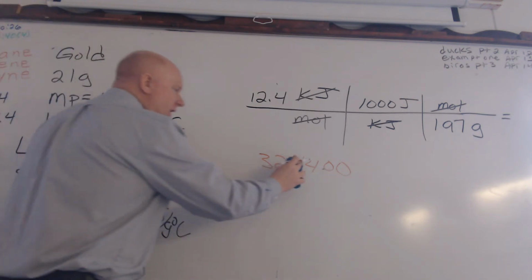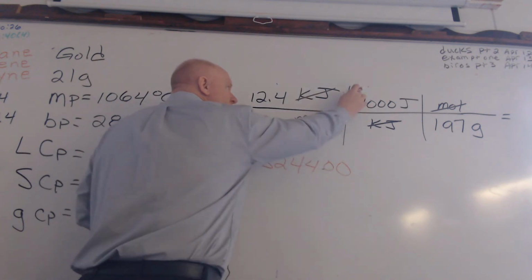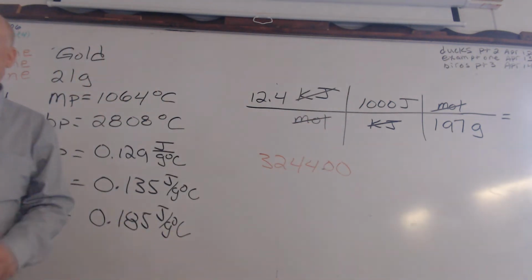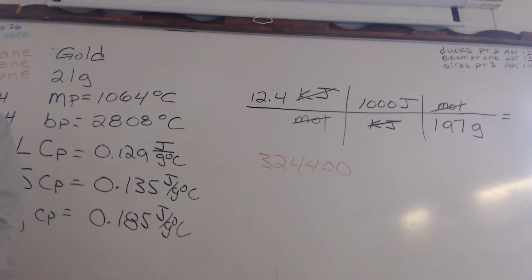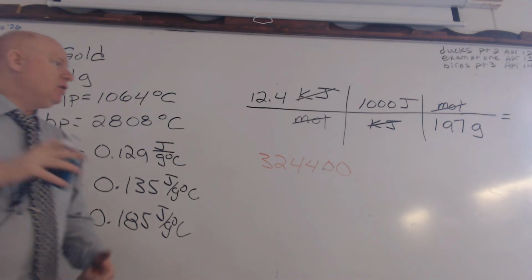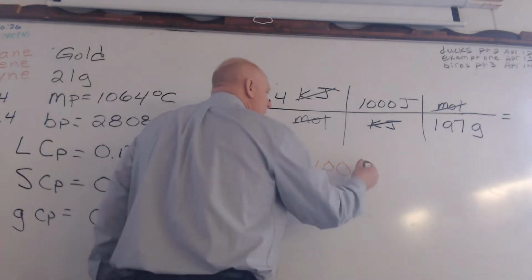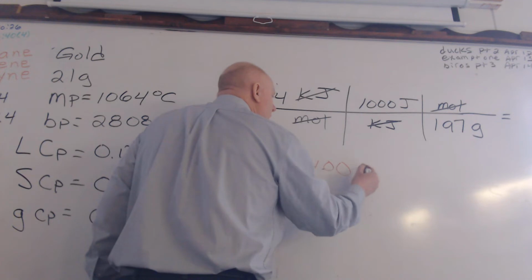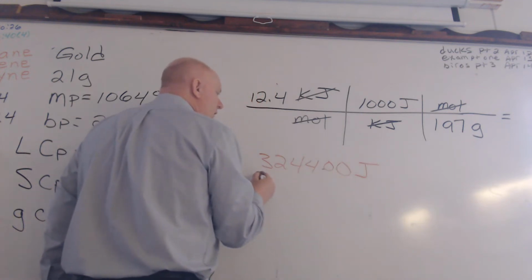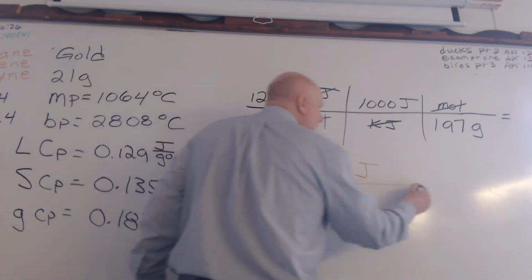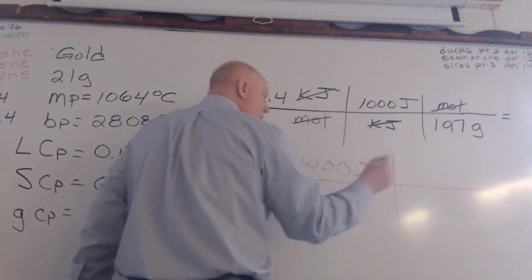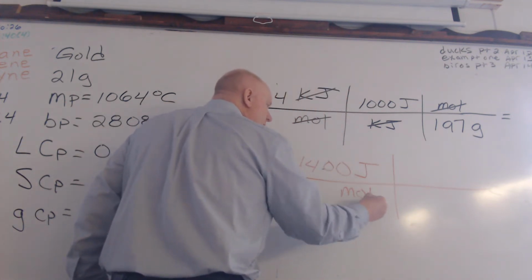Right, because that's what we do anyway, right? We multiply by 1,000. Does this make sense so far? So now you've got that in joules. And we still have to do the same process. But we don't want you to forget that.